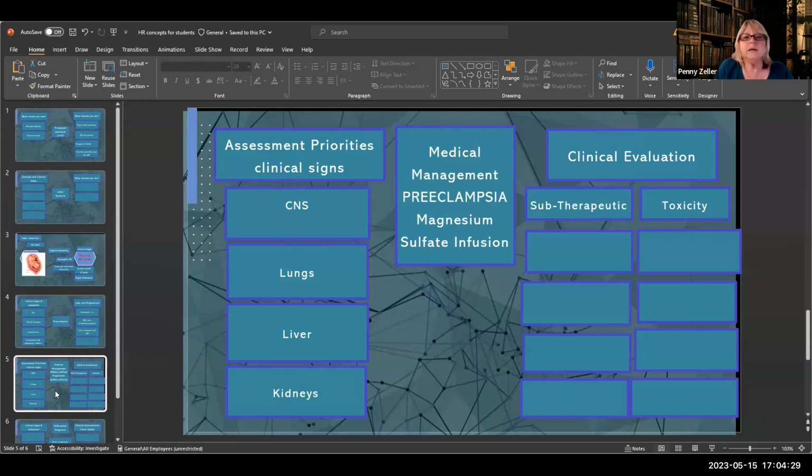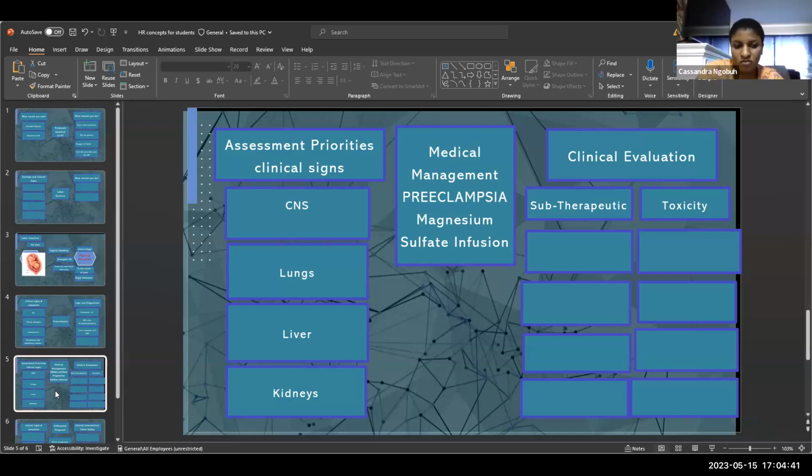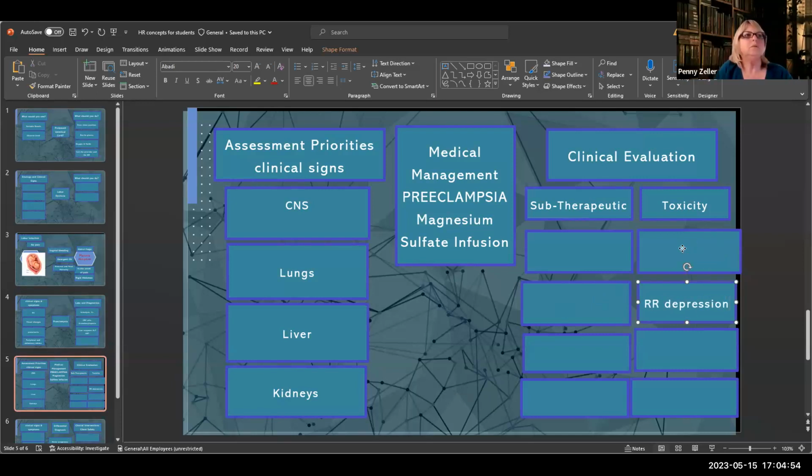All right, so we're going to give her some magnesium. What signs would you see if your client was becoming toxic? Respiratory depression. Good. What would you see as far as the central nervous system if she was toxic? Think about what the brain does.